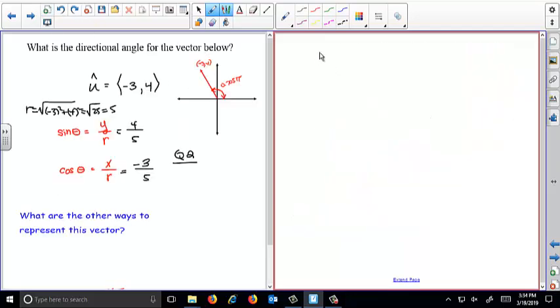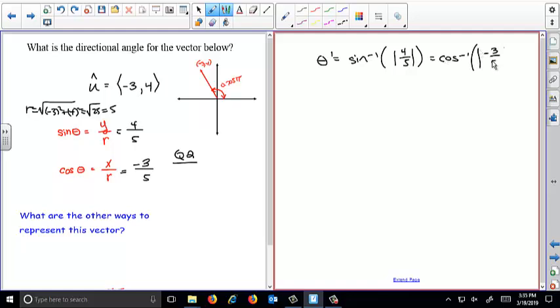And then to find theta, we would find the reference angle. We'll use theta prime. So the reference angle is, we can either use the inverse sine of the absolute value of 4/5, or we could take the inverse cosine of the absolute value of negative 3/5.